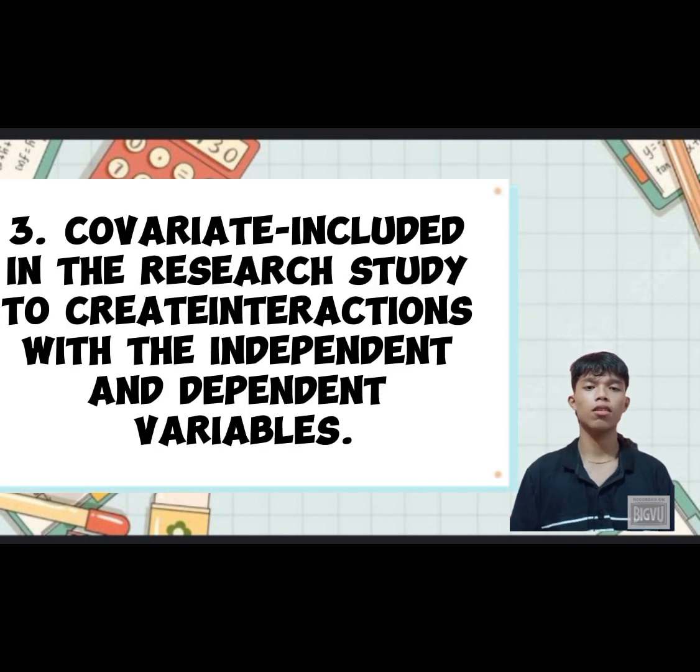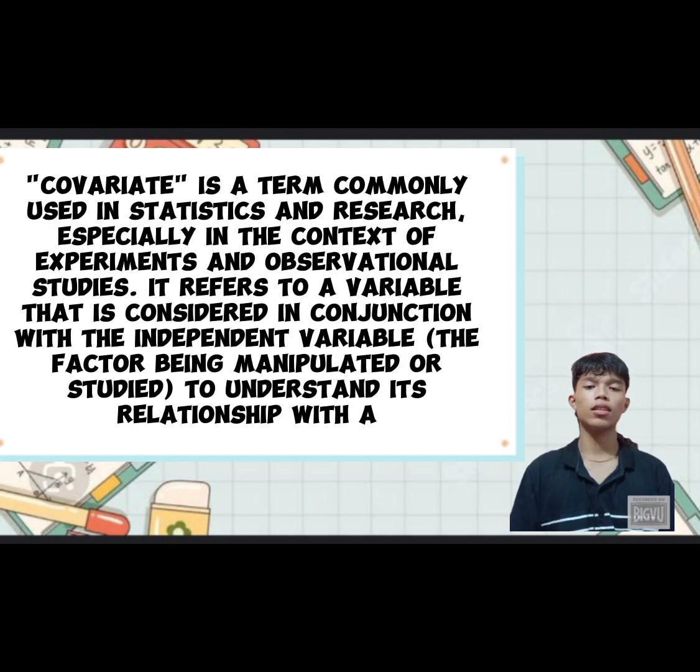Third, covariate. Included in the research study to create interactions with the independent and dependent variables. A covariate is a term commonly used in statistics and research, especially in the context of experiments and observational studies.